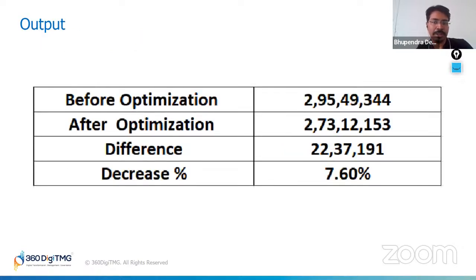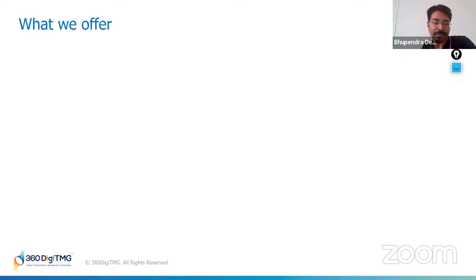Here is the output for the same. Before optimization, this was the output, 295,493,44. After optimization, the output was 273,1253,153. The difference is 22,37191, and the decrease percent is 7.60%. We reduced the transportation cost by 7.60%.